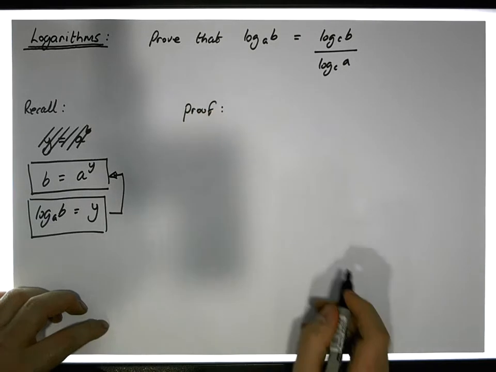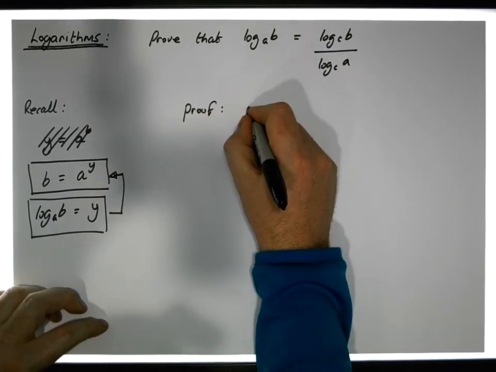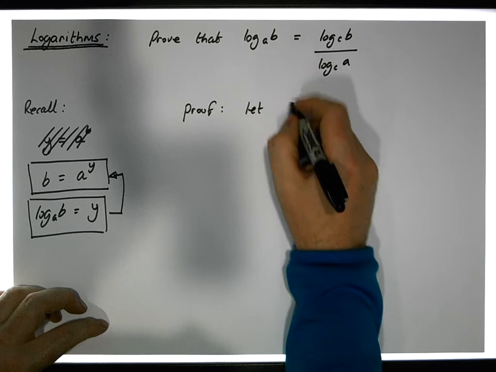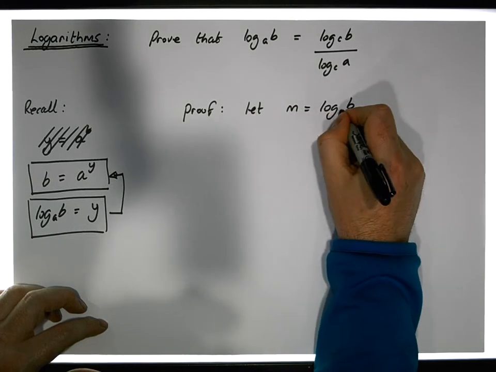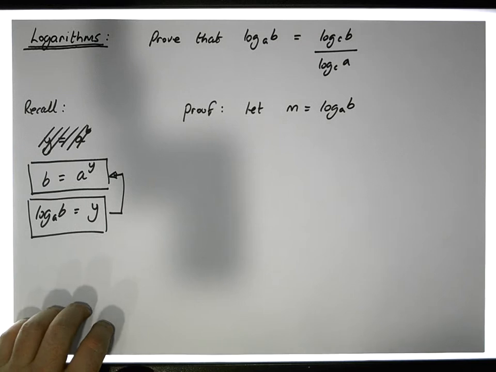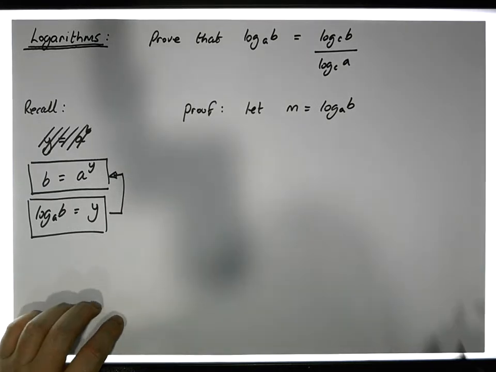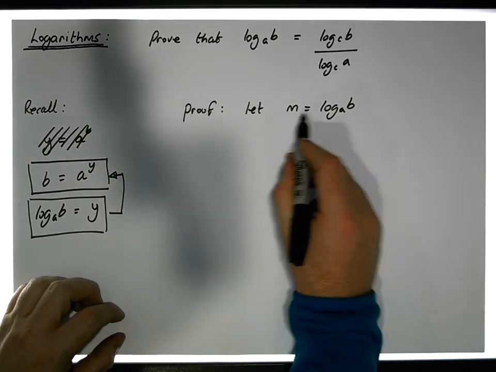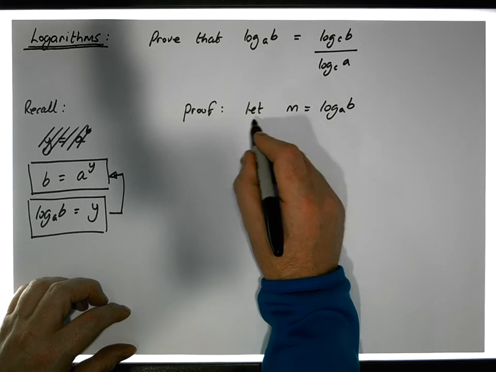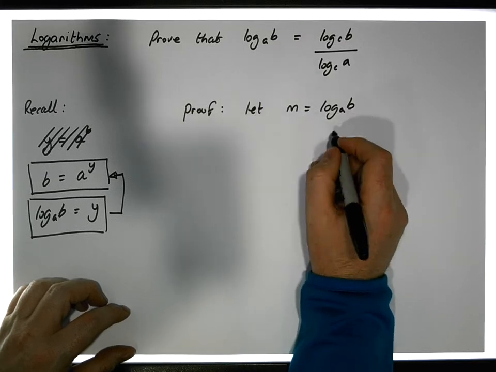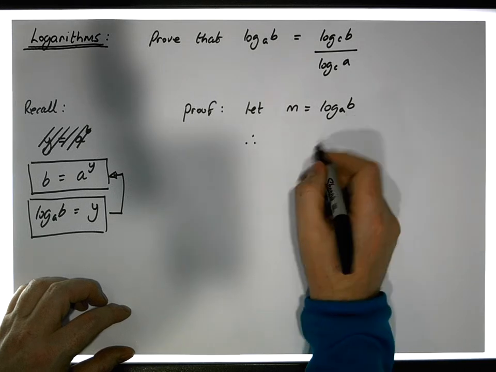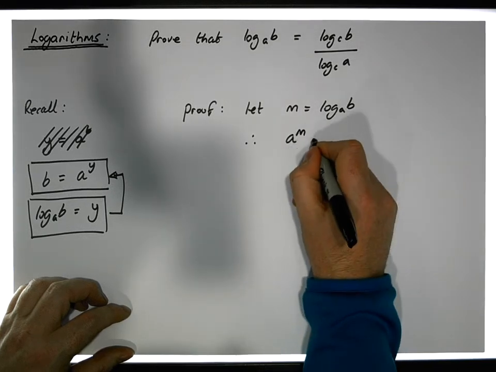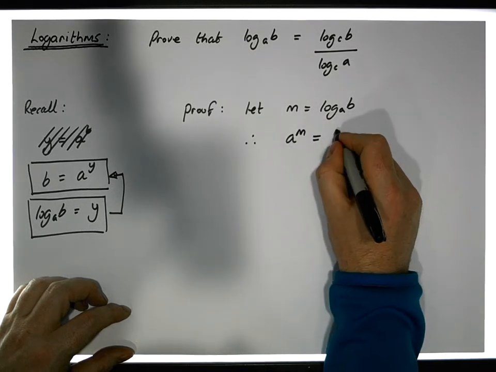Let's say, for argument's sake, let m equal log of b to the base a. And what are the consequences of this? Well, if m is equal to log of b to the base a, then in exponentiation form, a to the power of m must be equal to b.